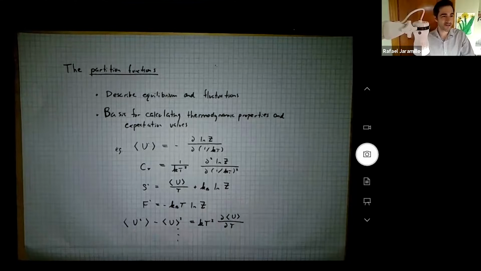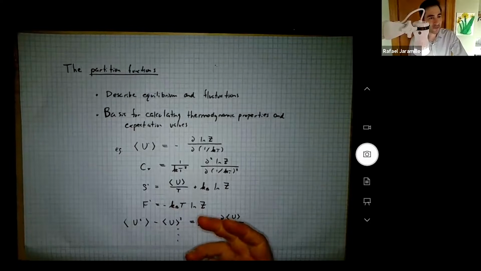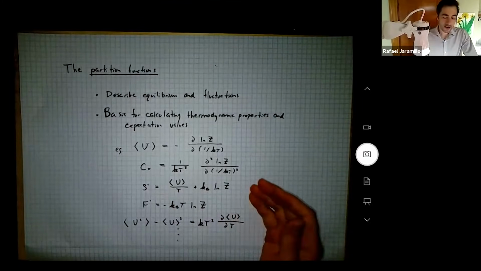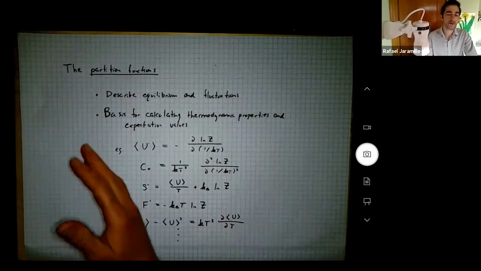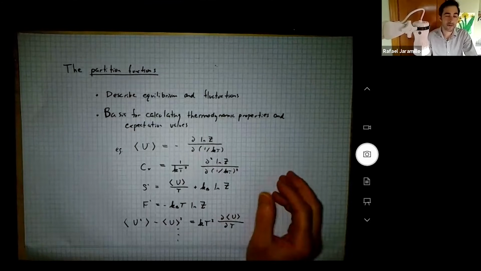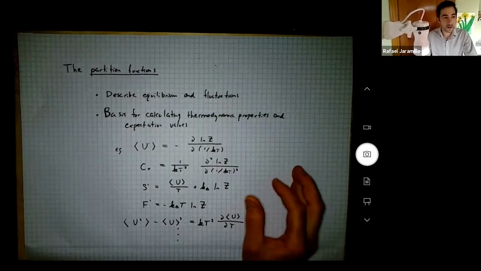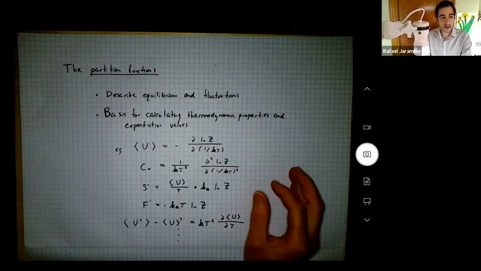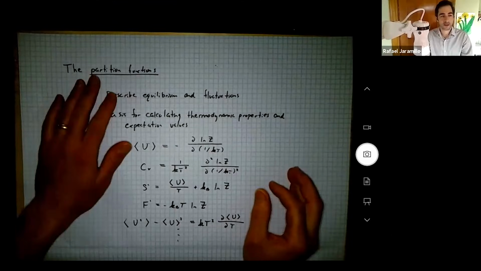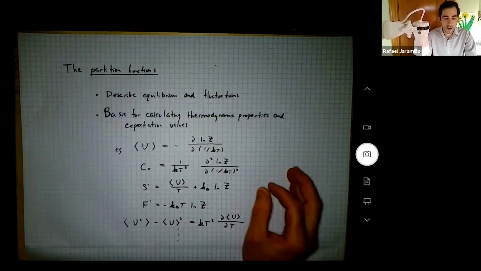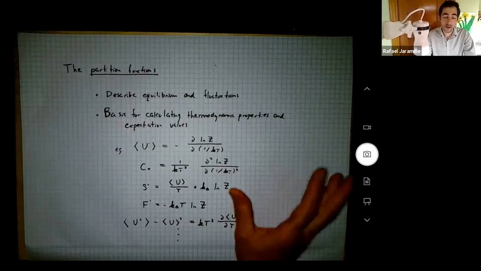If the partition functions are the keys to the kingdom, why not just start there? And the answer is that although this approach is beautiful and elegant and very powerful in instances, it also is extremely limited because we don't know and we can't calculate the partition functions for all but the most toy problems.